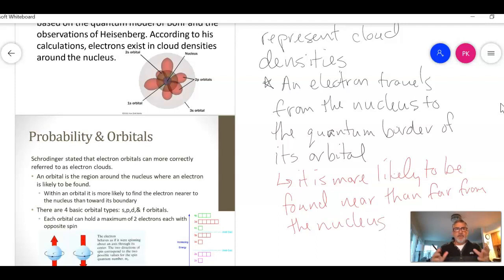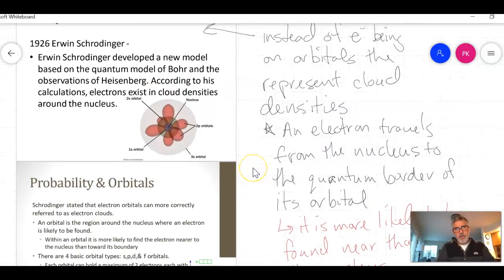And he said, according to his calculations, these cloud densities are more dense toward the nucleus than toward the edges of the quantum energy levels. So he said it's more likely that an electron is to be found near the nucleus than far away from it. So Schrodinger came up with this quantum mechanical model.